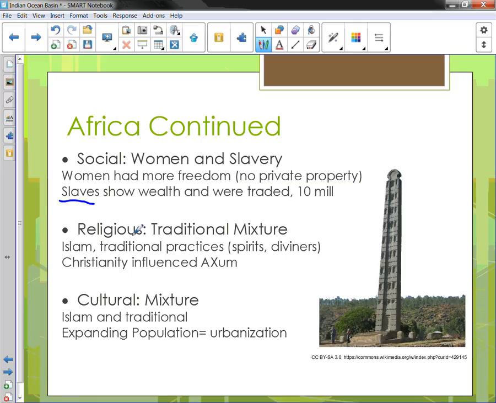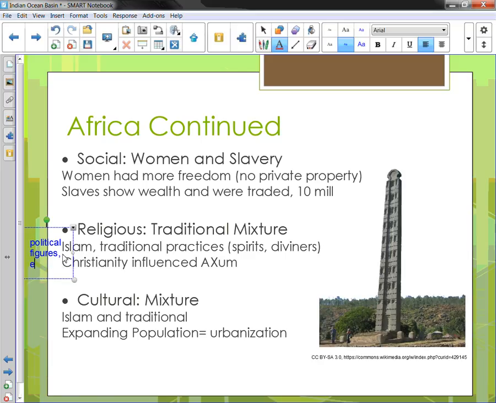Religiously, Africa is really interesting because it's this mixture of Islam and traditional religions. And it's not either or, it's both, right? Islam in particular was taken on by political figures who would convert to Islam in order to maintain strong trade.